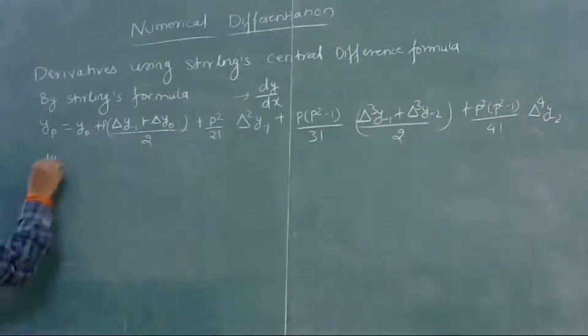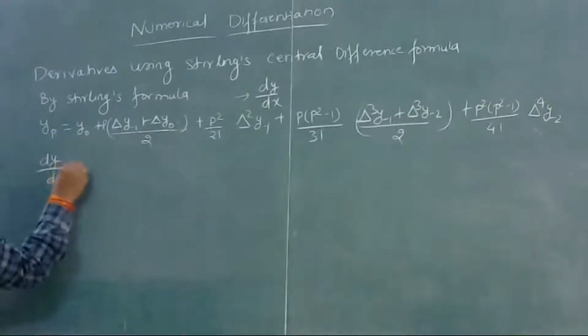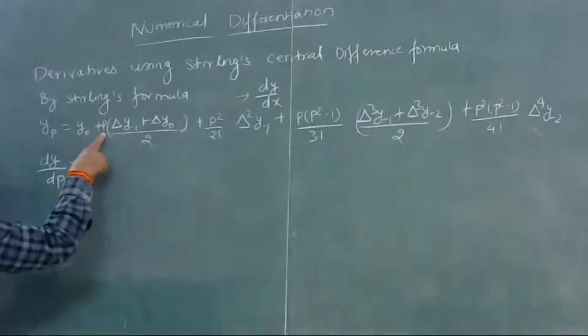So this y_0 will become 0. Differentiation of p is 1.